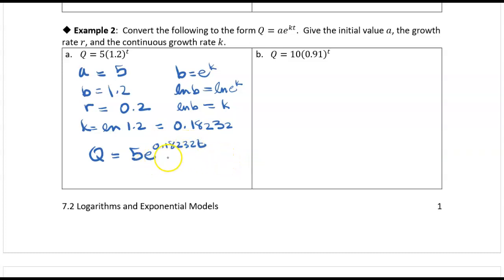And I should point out that these functions are exactly the same. For the same t, they will both give you the same q values. These are really the same function because they take the same input and map it to the same output. They're just in a different form.